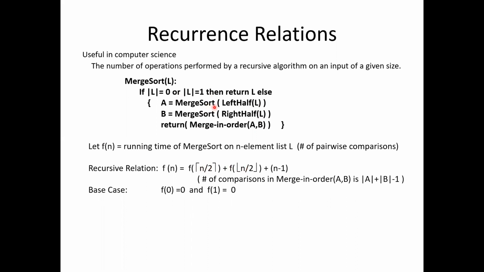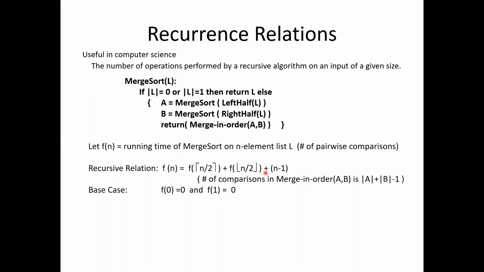And what's the time that the merge sort takes? Well, it is defined. It is a value of the same f sequence at an index that is equal to this, so basically half of this index. Just forget about the floor and ceiling. They're just noise. So this is the value of the function at half the index. And this is the value of the same function at the same place, half the index.